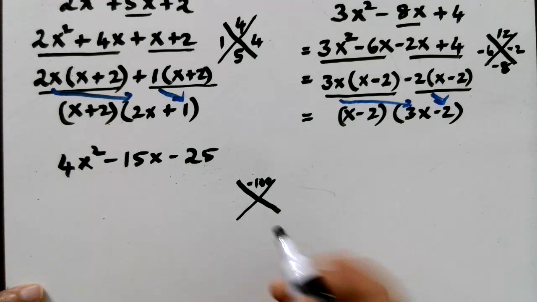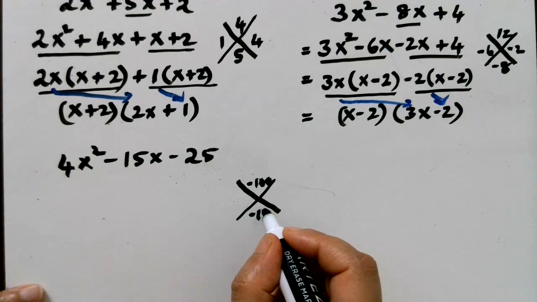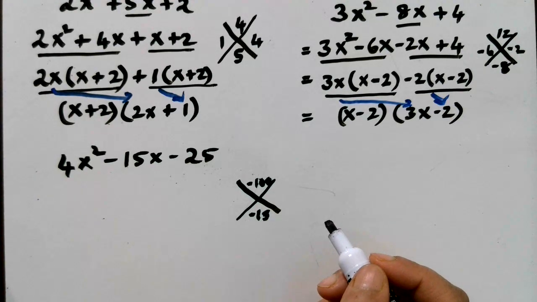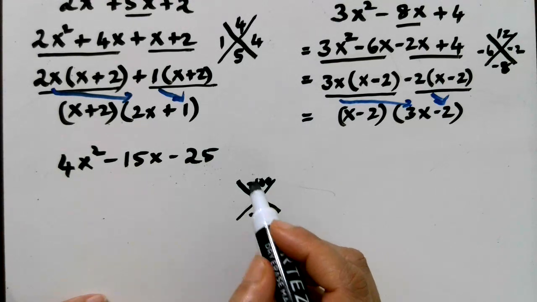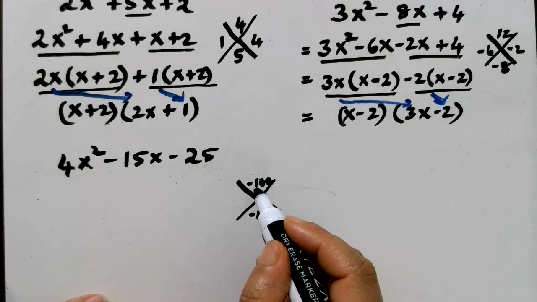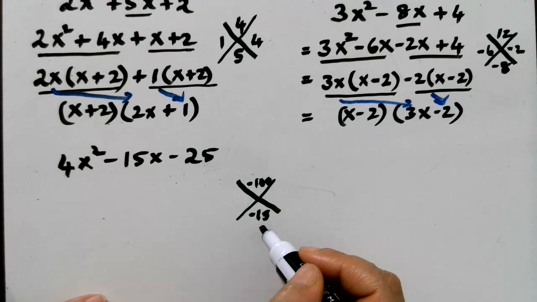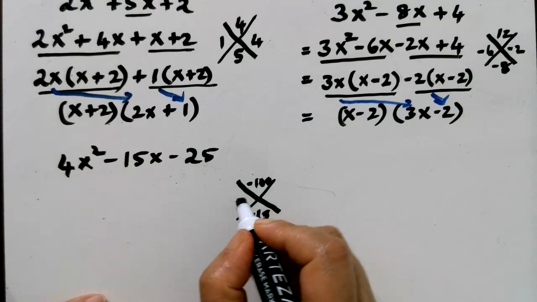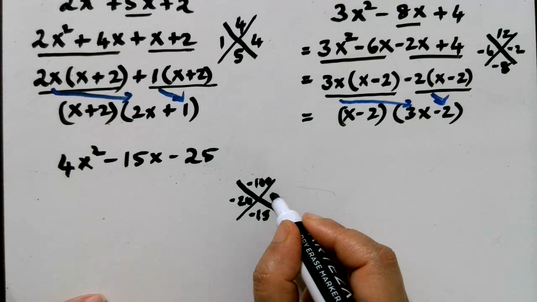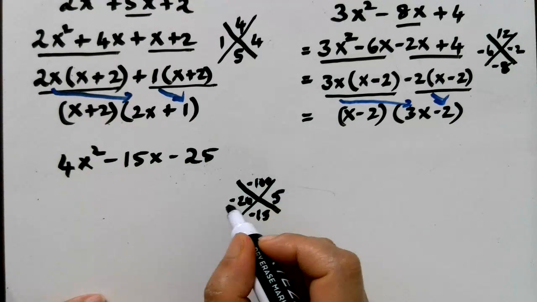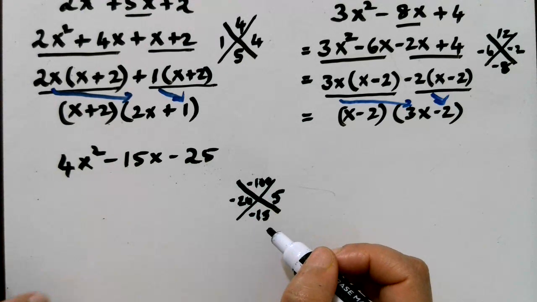We need factors of negative 100 that add to give you negative 15. So negative 20 and 5. Negative 20 times 5 is negative 100. Negative 20 plus 5 is negative 15.